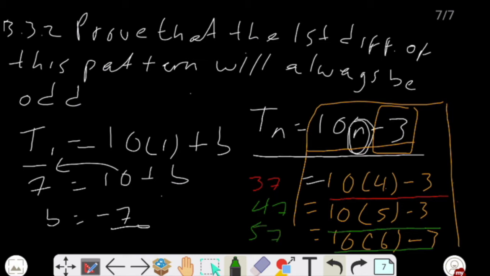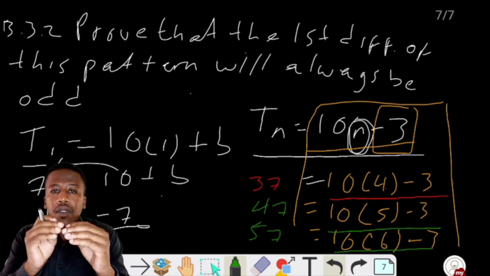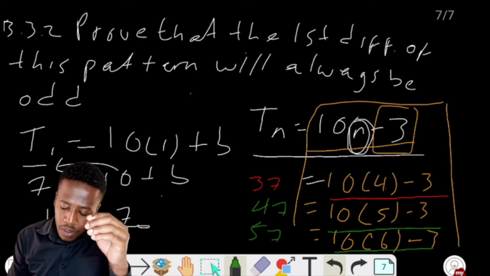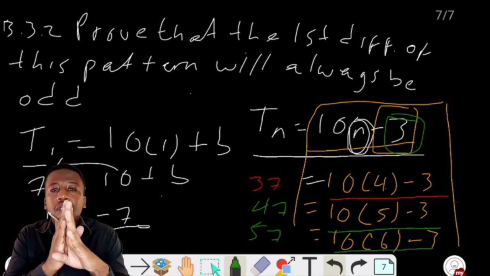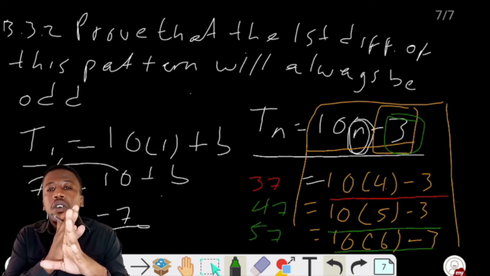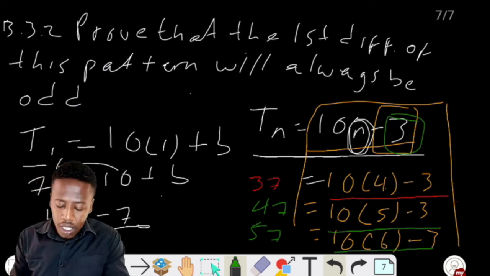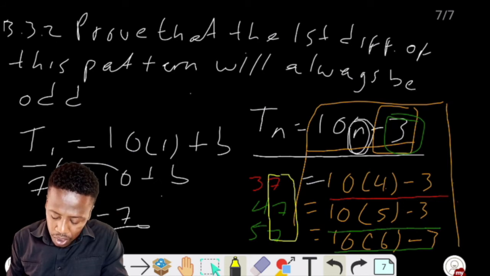Can you see, using that general term and having our minus 3 there as our b, whatever term we add, and you still have to minus the 3, you will always end up having a 7, because whatever we do, we're still going to minus the 3.